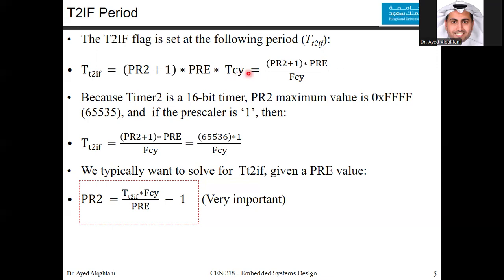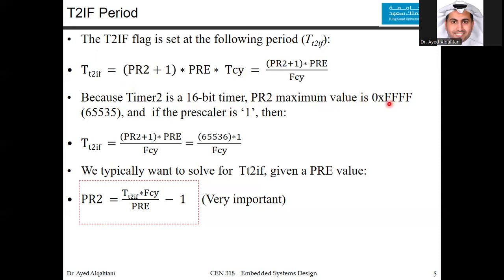And by changing the TCY to a frequency, you get this result where the Timer 2 interrupt flag time is equal to (PR2 plus 1) times the prescale value divided by the frequency FCY. Now, again, because Timer 2 is a 16-bit timer, the PR2 maximum value is 0xFFFF.